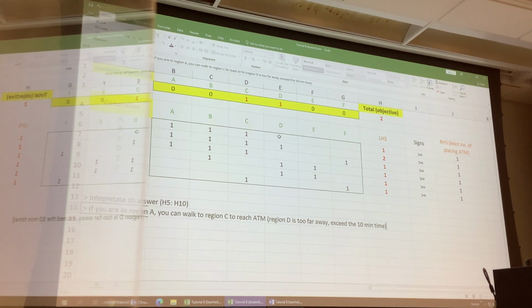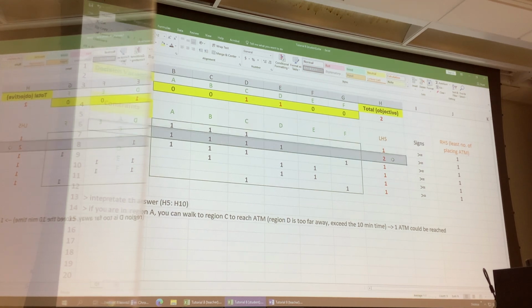So you only have 1 ATM that could be reached. If you are in region A, you can only reach region C, because region D is too far away. So you can interpret why there is only 1.